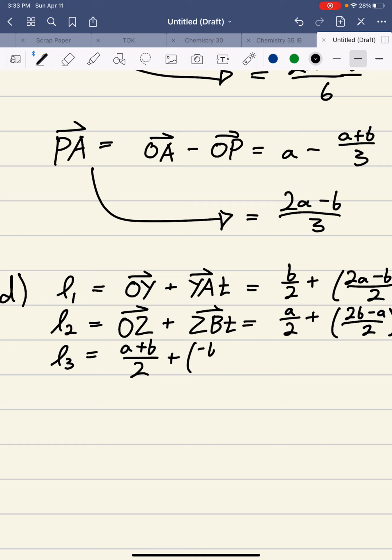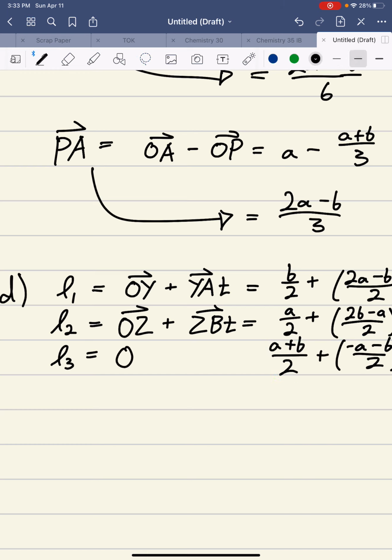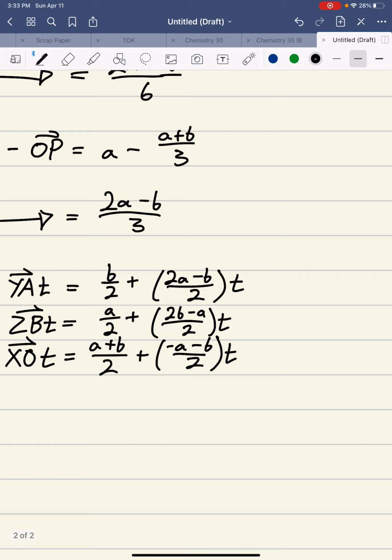So negative a minus b over 2 times t. I should probably state the simple one before I put that down: OX plus XO t, which is equal to this.